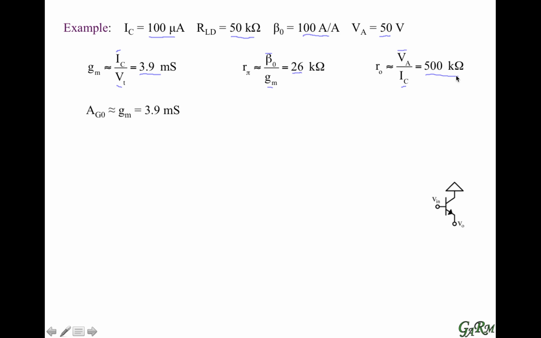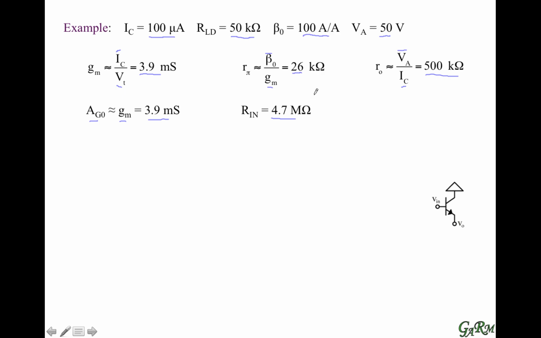So now we can look at the short circuit transconductance, and remember that's 1 over R pi plus GM, which is roughly just GM, which is 3.9 millisiemens. Then the input resistance, well, that's R pi plus the load in parallel with little RO plus beta times greater than that load, and it turns out to be roughly 4.7 megaohms.